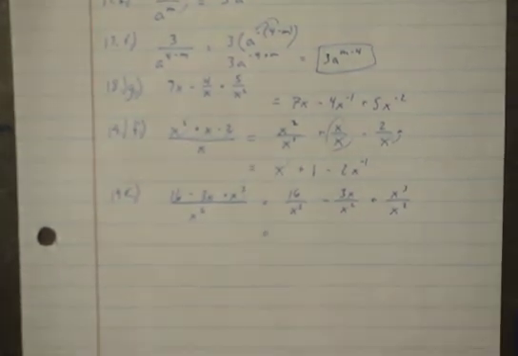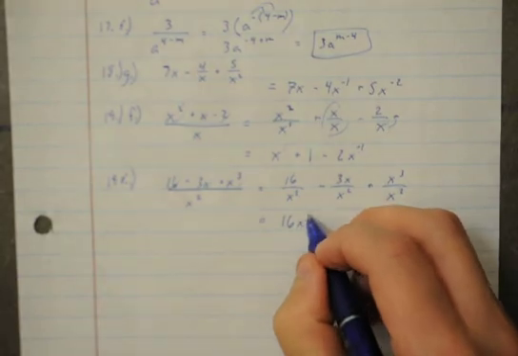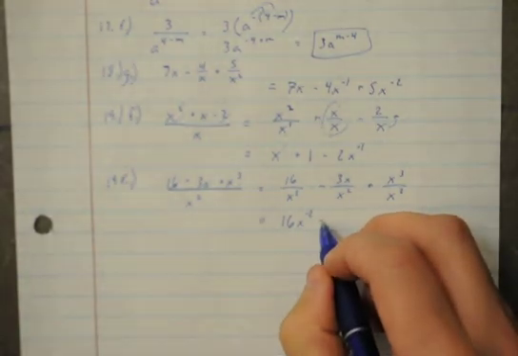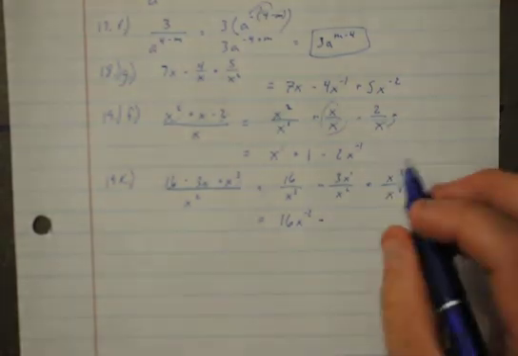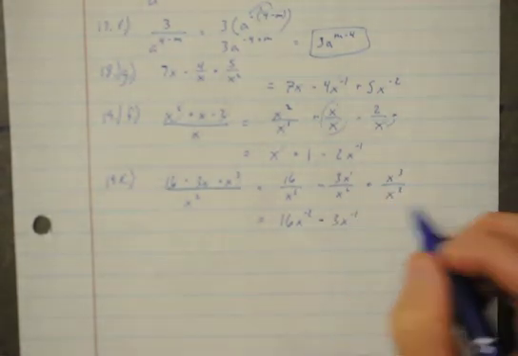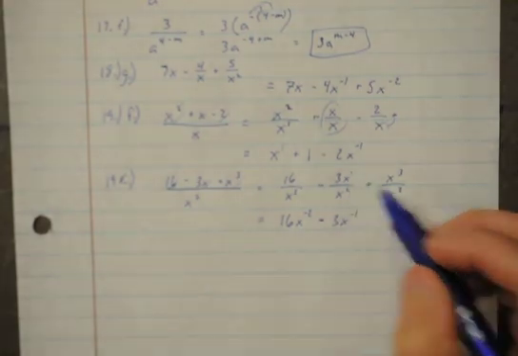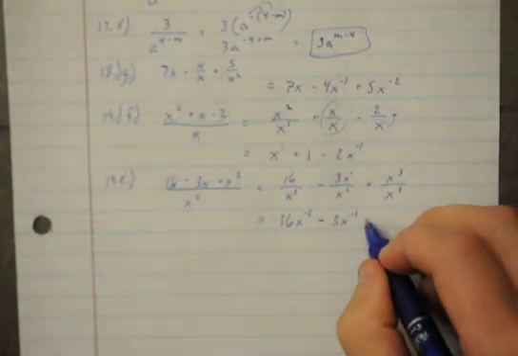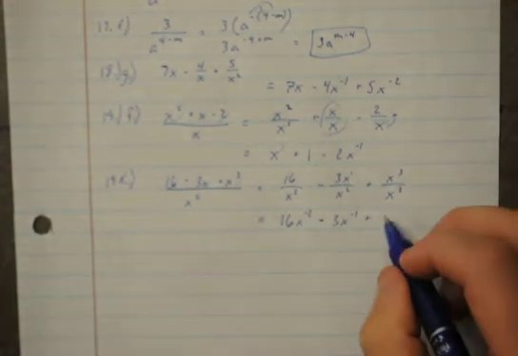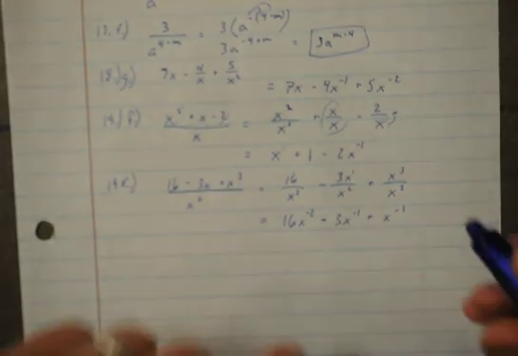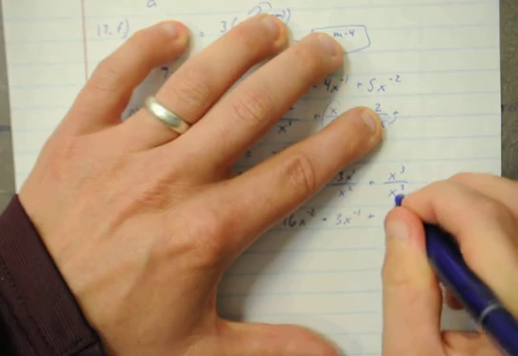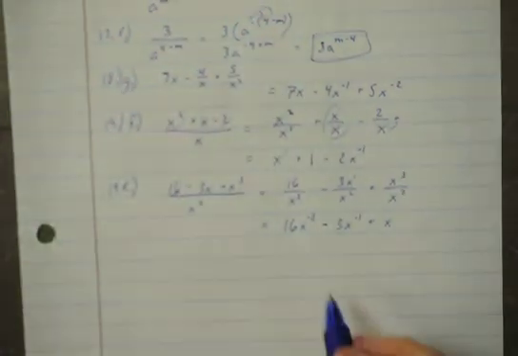And then from here, this is 16x to the negative 2. Here you've got 1 on top, 2 on the bottom. 1 minus 2 is negative 1. 3 and 2. Not x to the negative 1, just x. 3 minus 2 is 1, so that's where we'd write that.